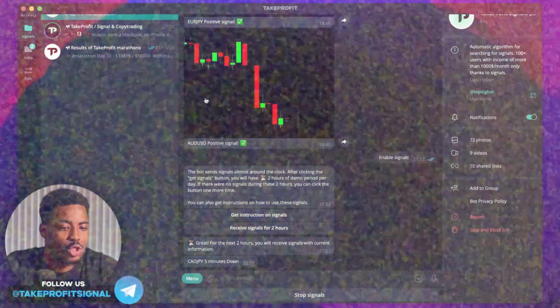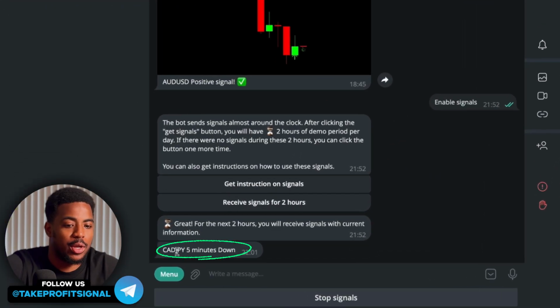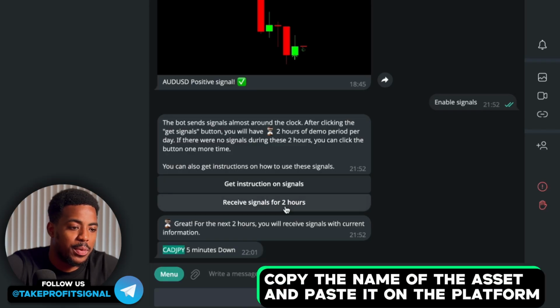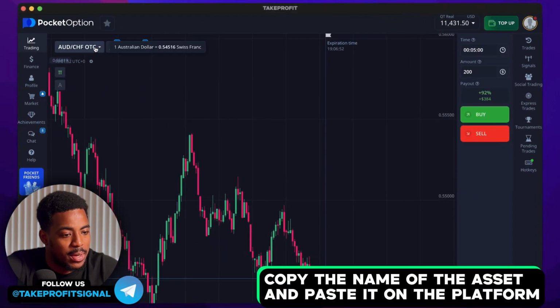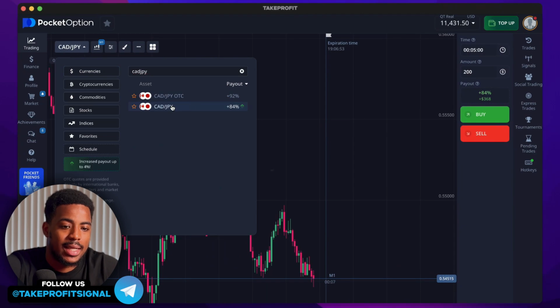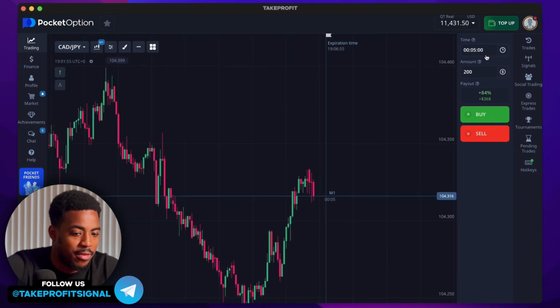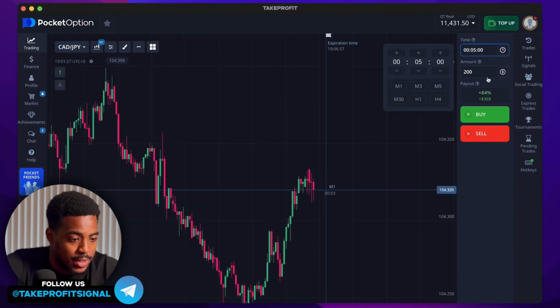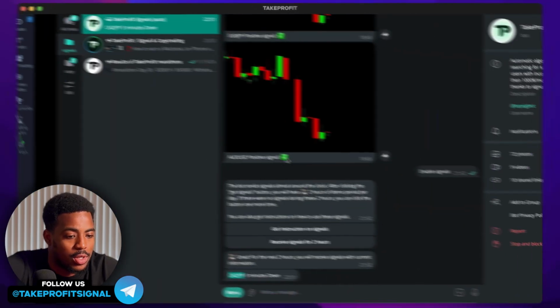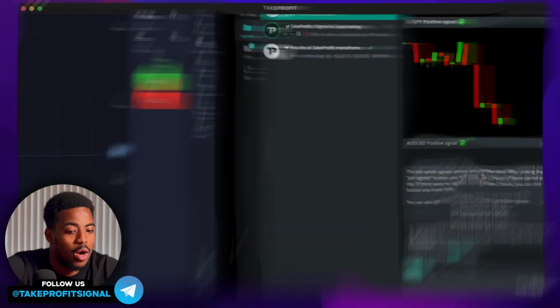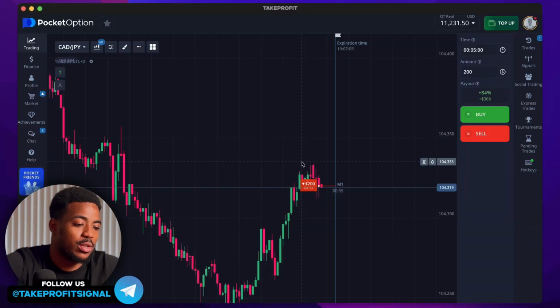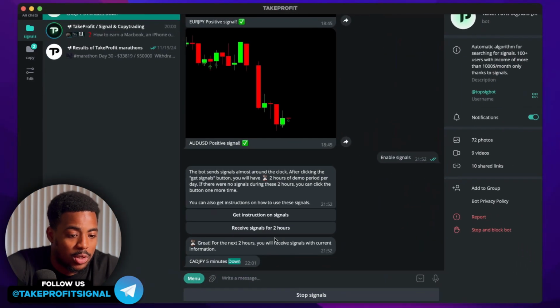So we literally 8 minutes later we get a signal. So we copy the name of the asset, quickly paste it on the platform. Time of the trade, we have 5 minutes, 200, and the signal we had was on the downside. All this is done very quickly in order to maximize your result and the result of the robot coincide.